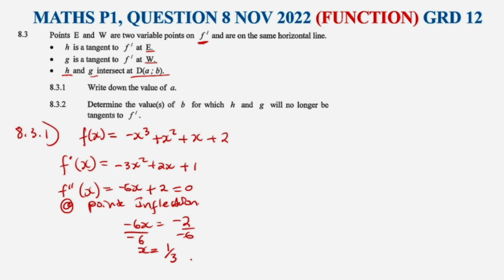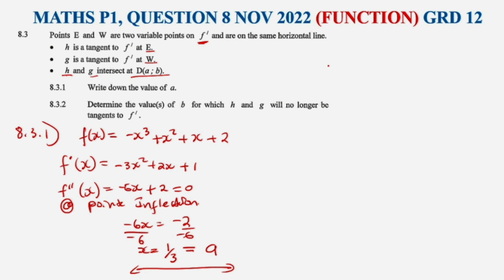Great stuff. This 1 over 3 should be the point where our graphs are touching. So this is equal to A, which is exactly at the point of inflection, which is what they are asking us to calculate.